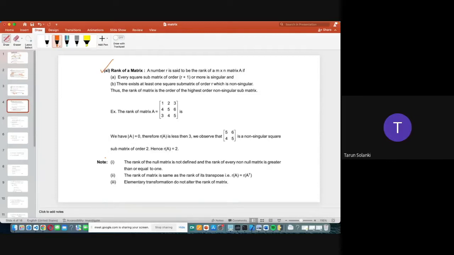These three notes you need to remember. You can copy down these three notes as well as the rank of a matrix.